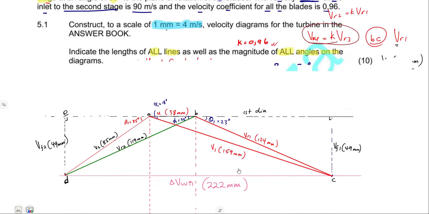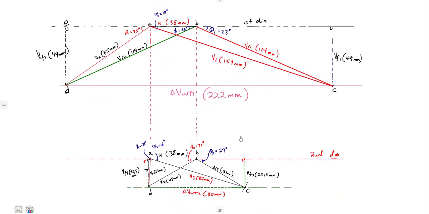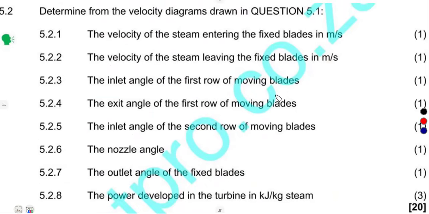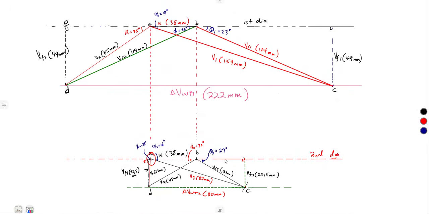All right. So thereafter, they wanted us to have these on 5.2, determine from the velocity diagrams, 5.2.1, the velocity of steam entering the fixed blades in meters per second. Entering what? The fixed blades. Remember, this is the part of the fixed blades.